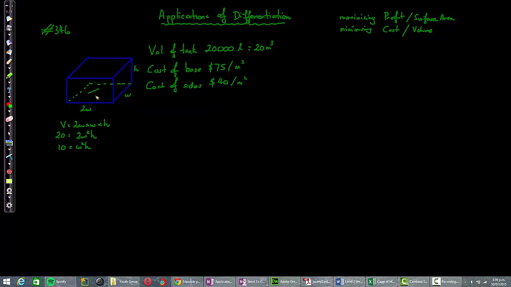This is the base down here, the floor of our tank, and we're also told something about the sides, that they cost $40 to make. So this is a big clue about what's going to come next. They say find the cost of materials for the cheapest container. So we want to get the cheapest container, which means we want to minimize the cost.